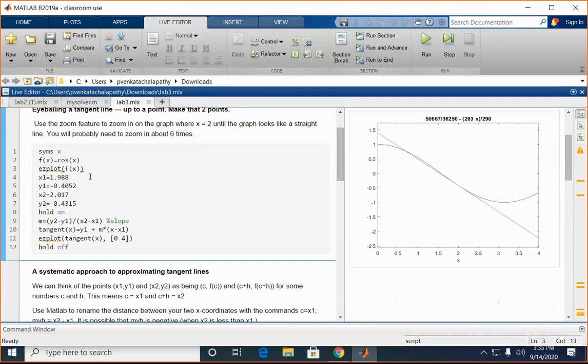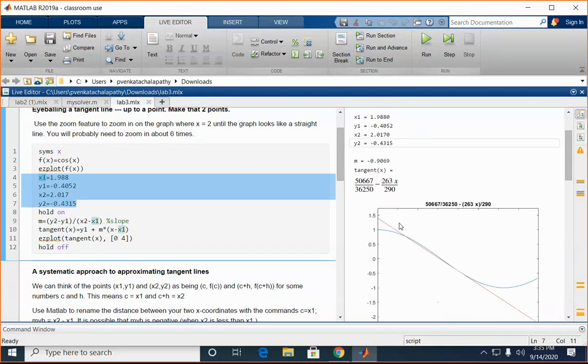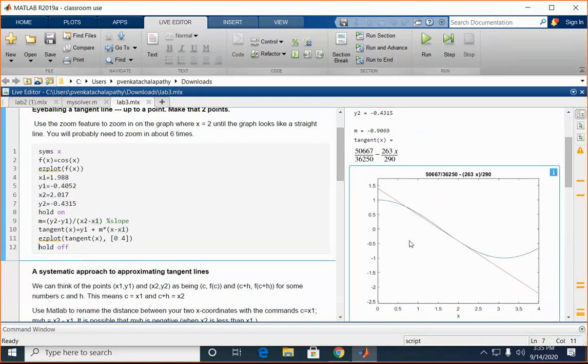Got it? Now I'm going to pick up 2 points, a pair of points for x and y. How do I pick them? When you plot a graph for the cos x function, you get a graph like this, the blue one. You will not get a straight line, but when you zoom in at some point where the curve looks like a straight line, just zoom in and see whether it is a straight line or not.